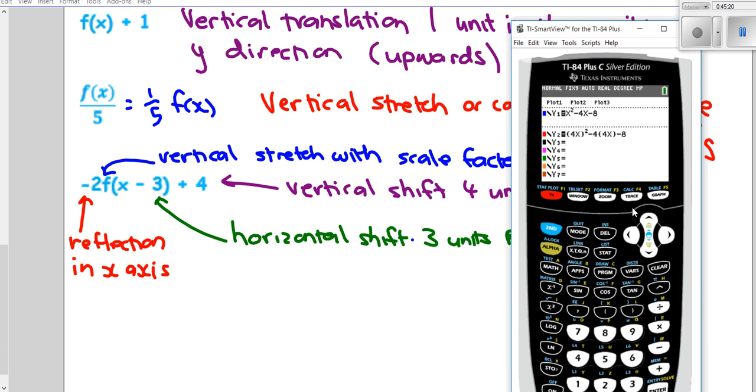Try to do just a simple one, x squared maybe. So if you want to see that one in action, if our function was x squared, we'd need -2, and then we'd need (x minus 3), wouldn't we? Am I doing this right? I hope so. (x minus 3), and I'll need the square, plus 4.